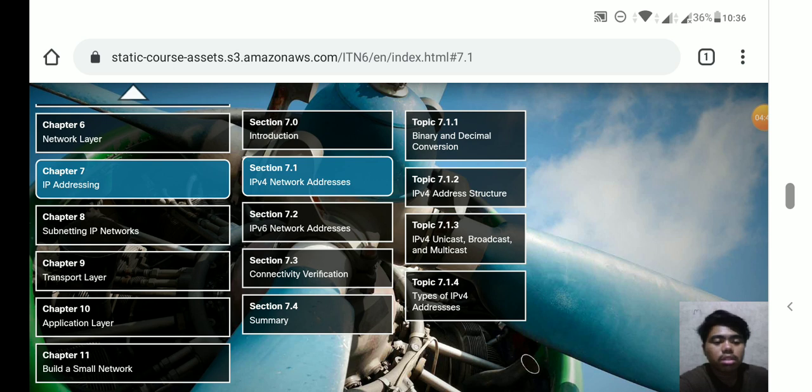So the subnet mask. The IPv4 address is compared to the subnet mask bit by bit, from left to right. A logical AND belongs to the IP address structure.